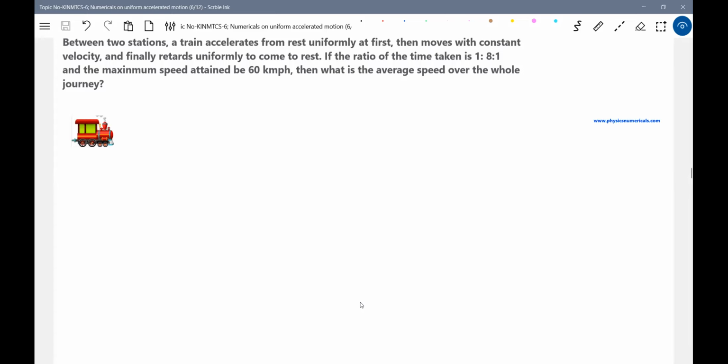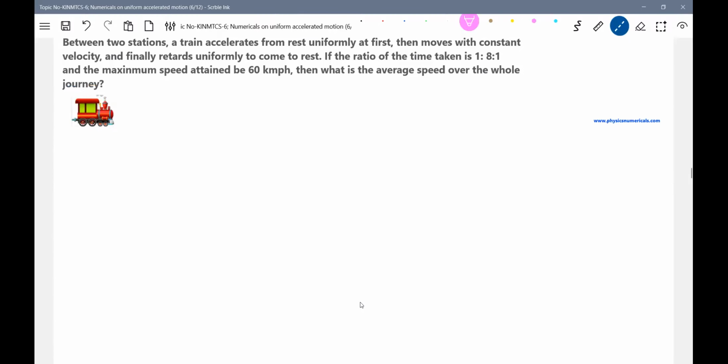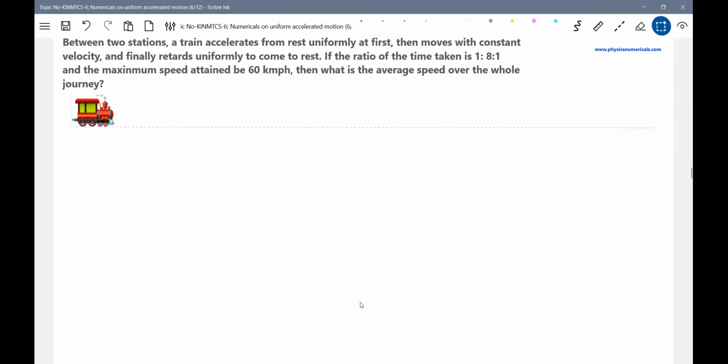Okay, how to work this out? 1:8:1 is the ratio. First we'll plot the graph. The train between two stations accelerates from rest and finally comes to rest here. I can't show the track, only the train. I'll show it. Okay, there's a train, there's a track. It will accelerate from rest to rest here.